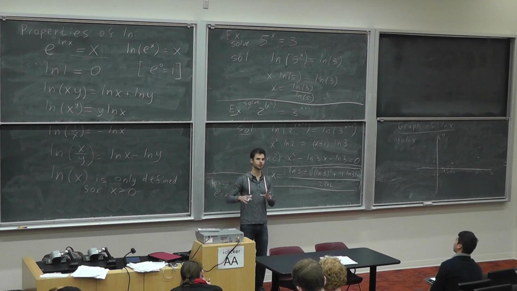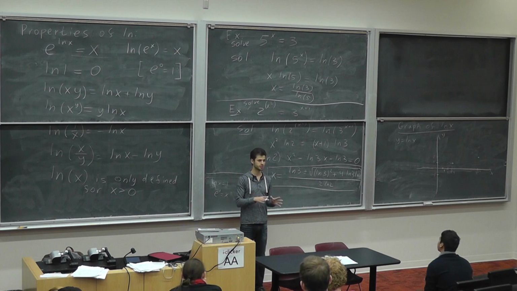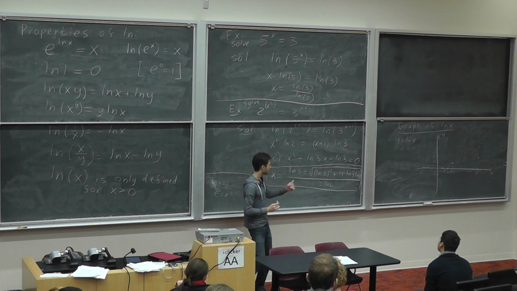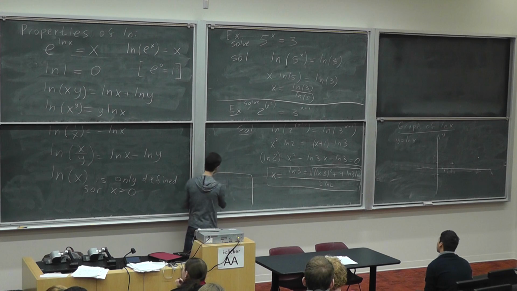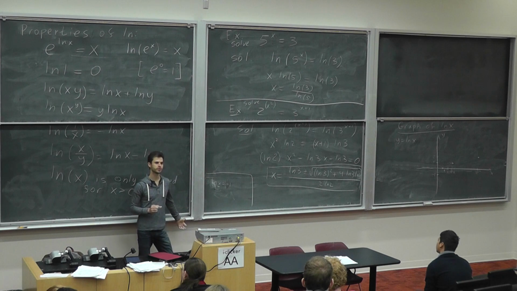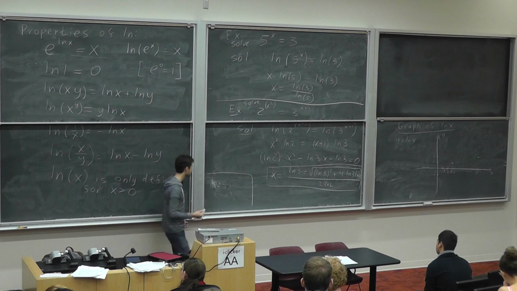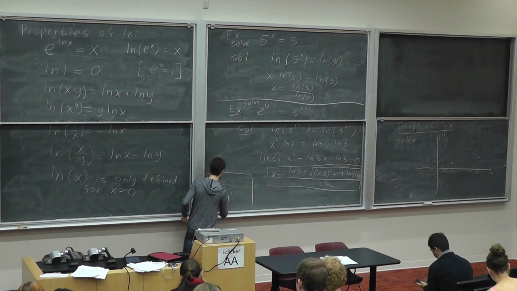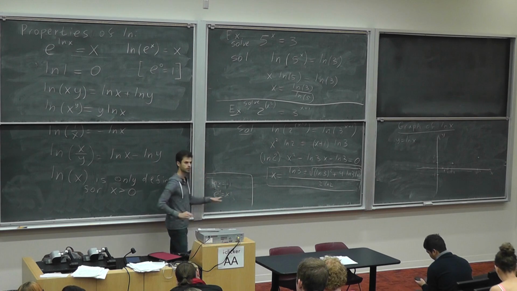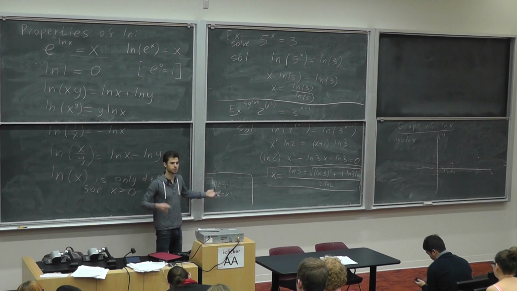One is logarithm of minus 1 is indeed not defined, but I now ask the question like this. I want to find some number x such that logarithm of x is minus 1. Is there such a number? e to the negative 1. So the definition of ln of x being minus 1 is that if you raise e to the power minus 1, you get x. And this is a number. It's just 1 over e.